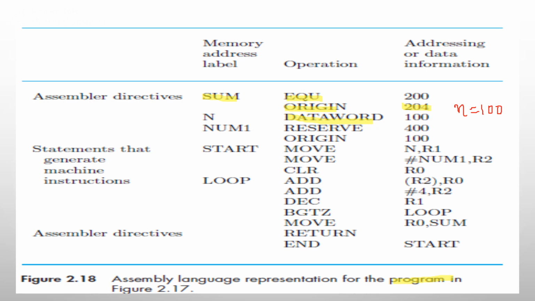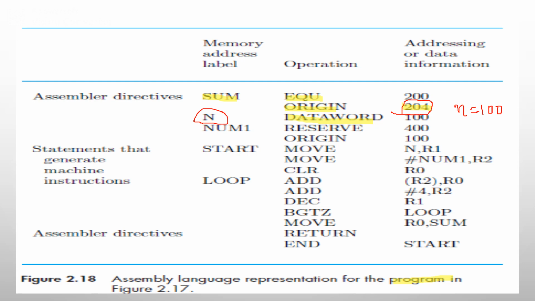Since the data word statement is given the label n, the label name is n here, which is assigned the value 204.